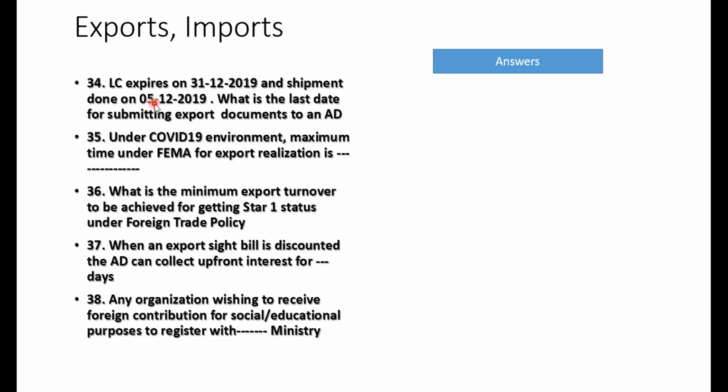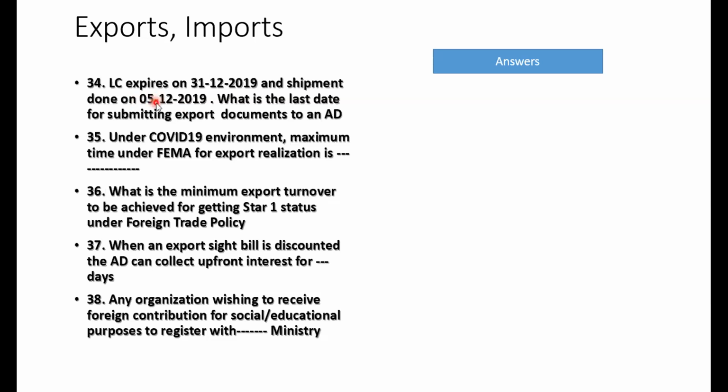So 21 days when it is stipulated, what is the last date for submitting? The LC expires on 31, shipment is done on 5/12. So 5 plus 21, 26, or the LC expiry, whichever is earlier.